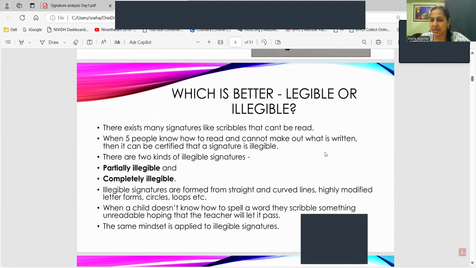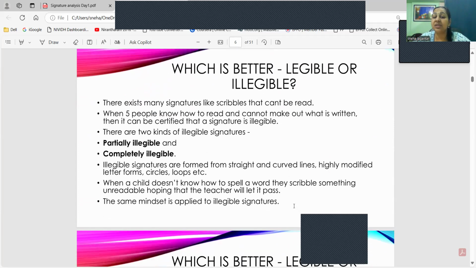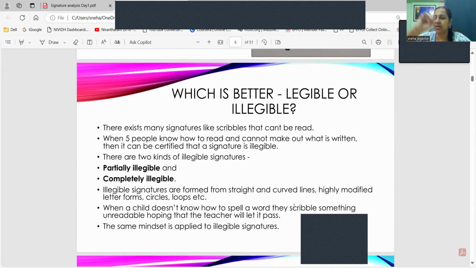It is certified as an illegible signature. There are two kinds of illegible signature, partially illegible and completely illegible. Illegible signatures are formed from straight and curved lines, highly modified letter forms, circles, loops, etc. When a child doesn't know how to spell a word, they scribble something unreadable, hoping that the person will be able to read it. A similar thing is applied here.